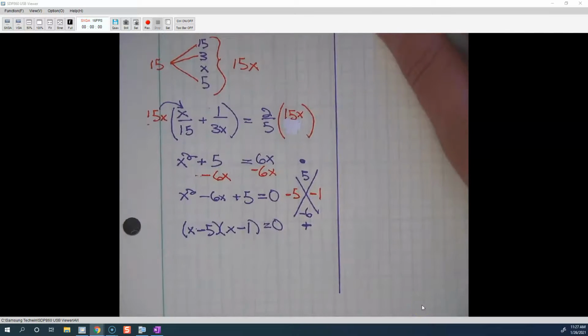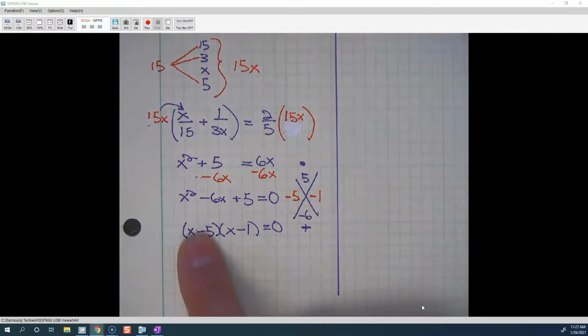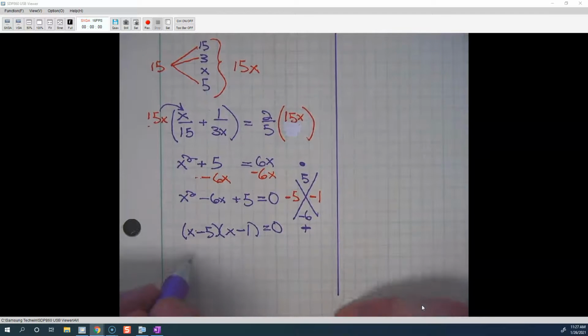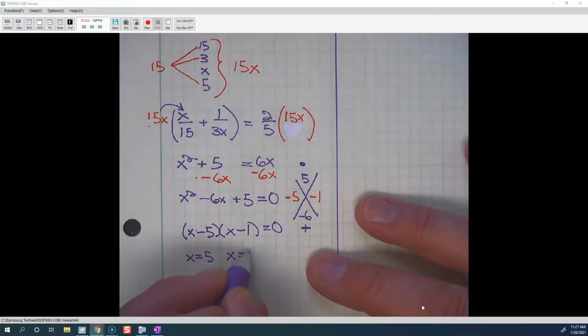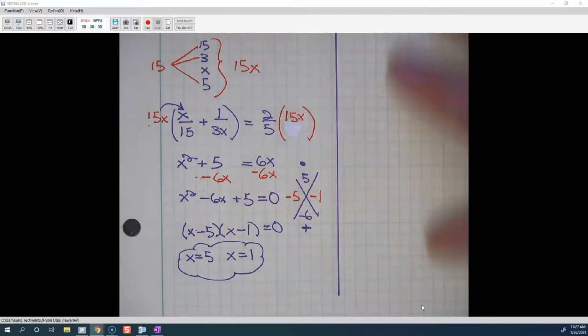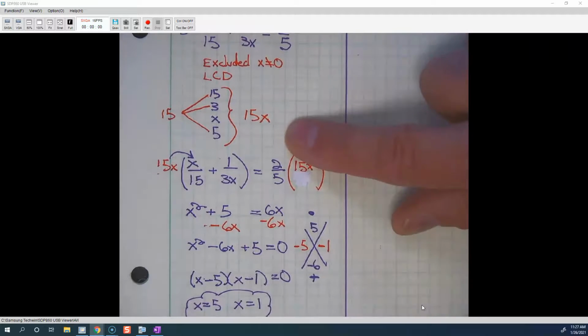Okay, so my two solutions are, what makes this 0? 5. What makes this 0? 1. And that's my two answers. Neither of those are on my excluded list.